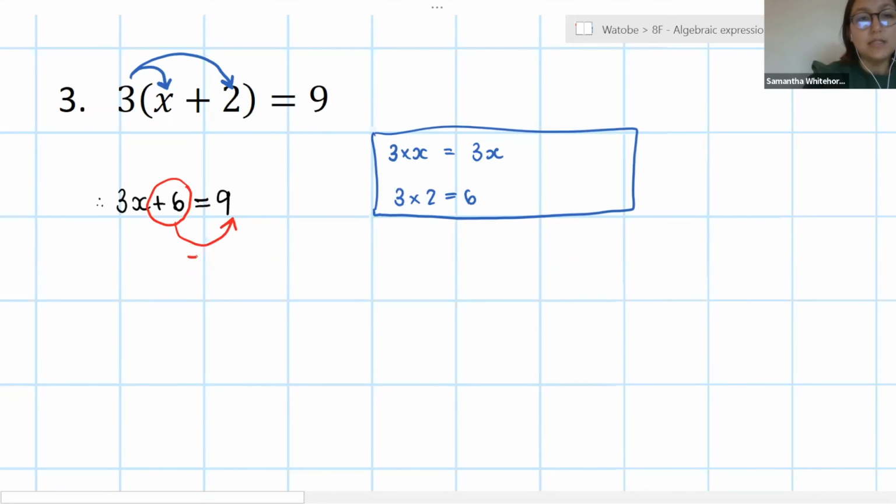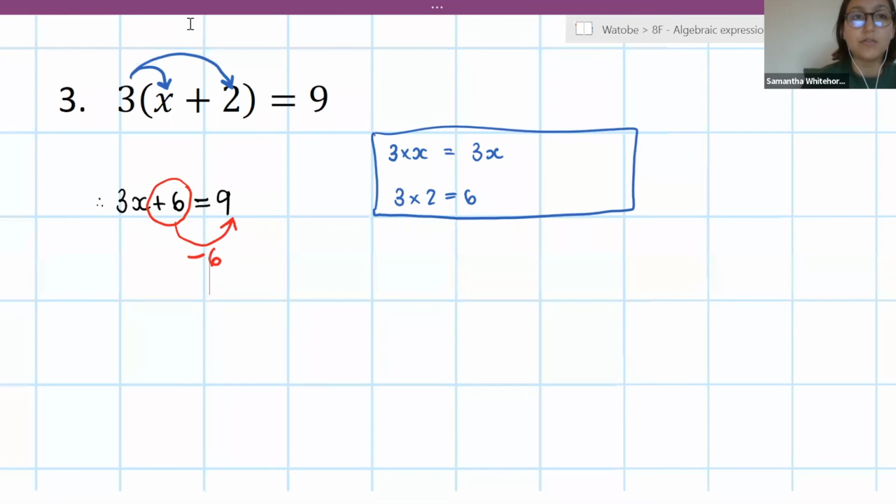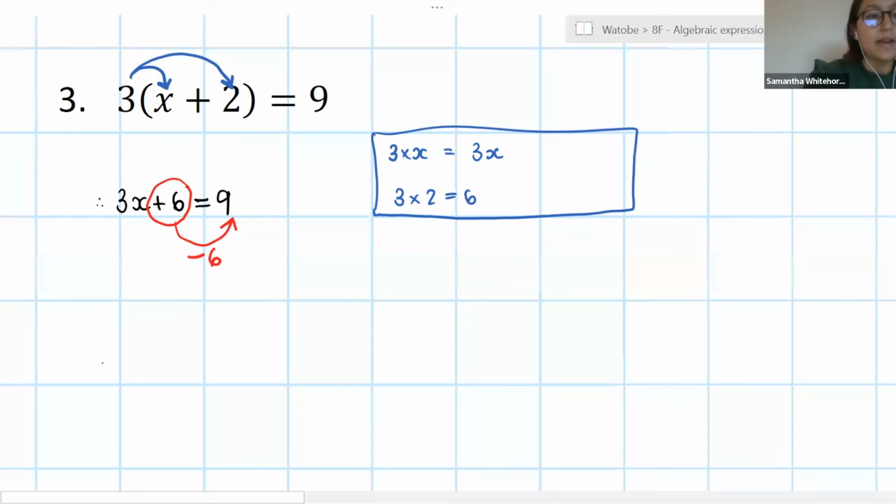Now to do that, I have to subtract 6. That's the only way for me to move something over the equal sign. So what I have is 3x is equal to 9 minus 6. That I can then simplify to give me 3x is equal to 3, because 9 minus 6 is 3.